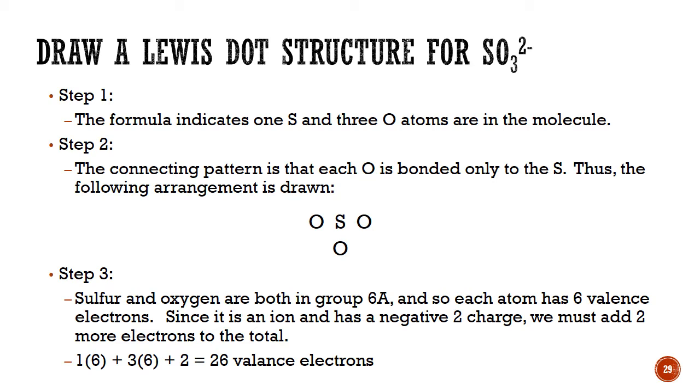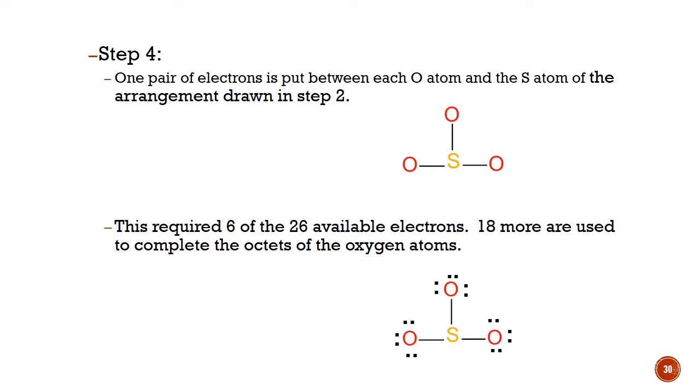But there are 2 more electrons because of the negative 2 charge, so that means we have a total of 26 valence electrons. If we start by bonding the S to the 3 O's, we've used up 6 out of the 26 electrons, so we have 20 left. If we then give each oxygen 6 more so that they have a total of 8, we've used up 18 more, and so we still have 2 electrons left.